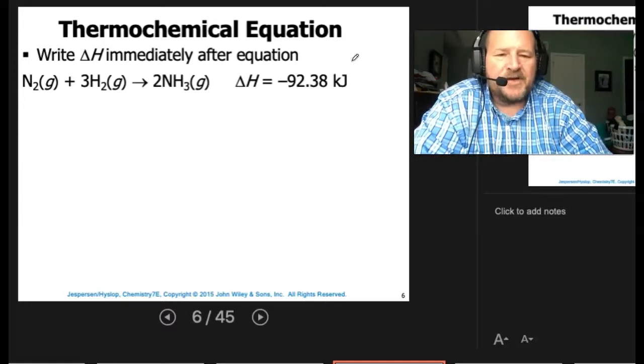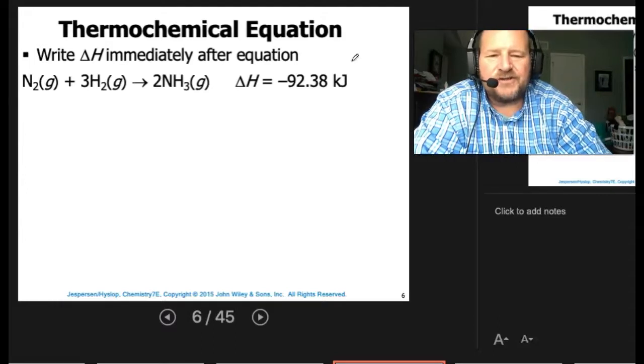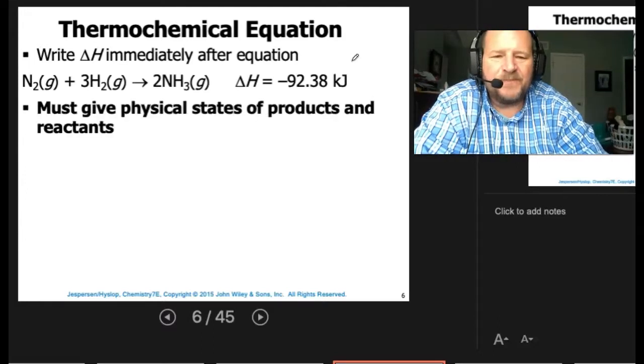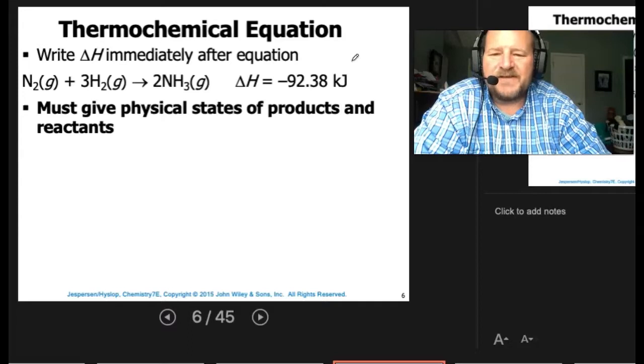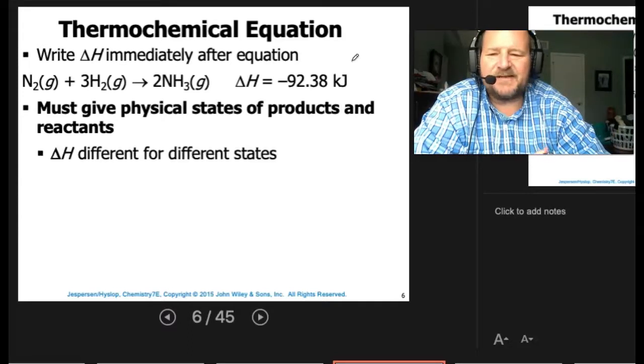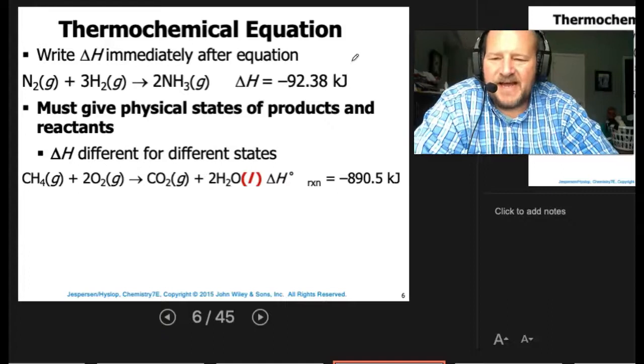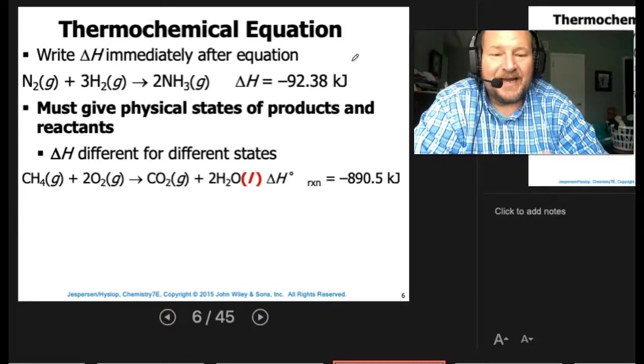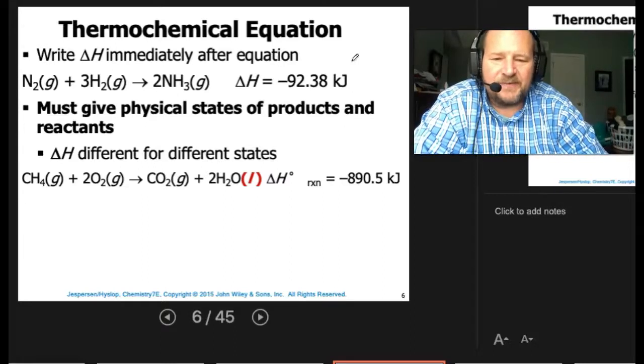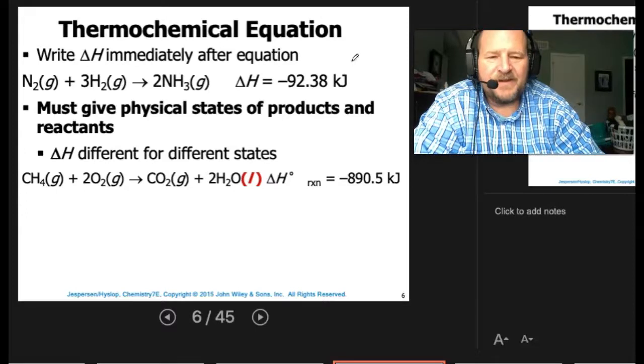Now, obviously, that means per mole of nitrogen, right? Per mole of nitrogen. Now, you must give physical states of products and reactants. Okay, that's because delta H will be different for different states. So for instance, if I take methane gas and I react it with oxygen gas to form CO2 and liquid water, then it's going to be negative 890.5 kilojoules.